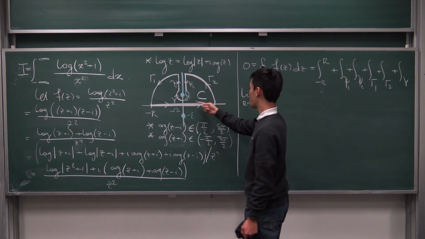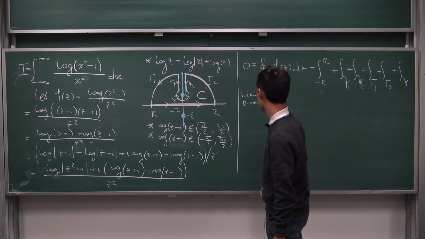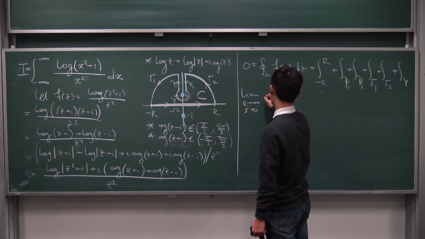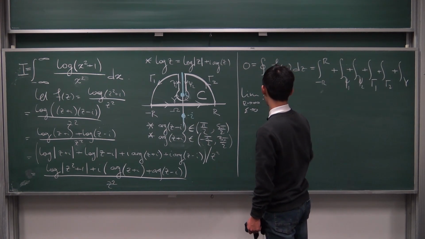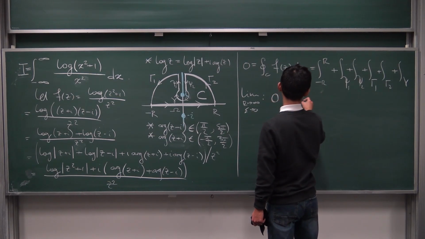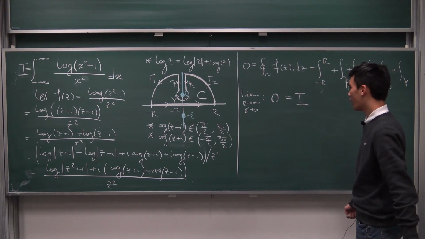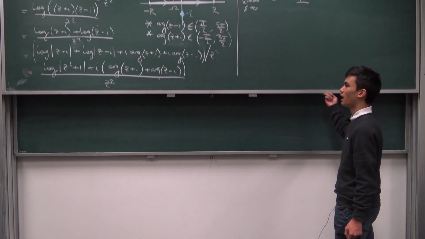And if we call some of these parameters epsilon, which control the size of these little paths, we'll take epsilon to 0 as well. So what happens if we take the limit? We're going to have 0 being equal to this first integral that's going to evaluate to I. And we just then evaluate all the other ones as well. We'll do that on the next blackboard.